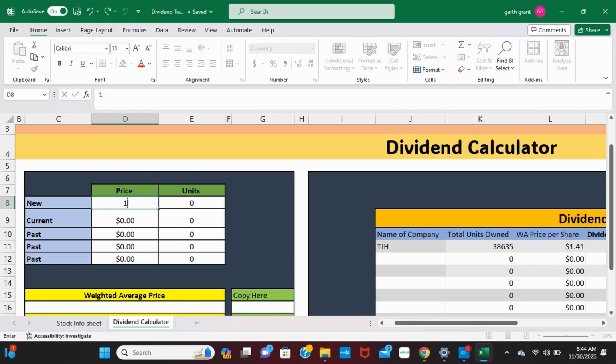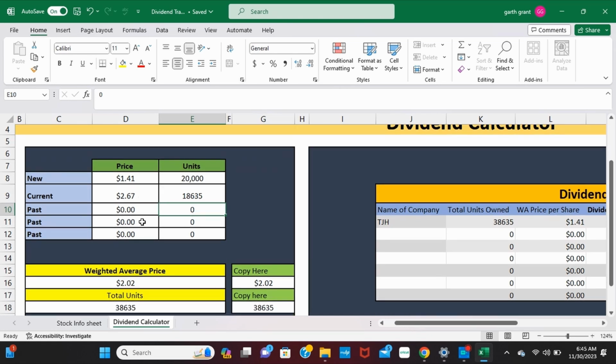So let's say you buy the first 20 shares that you had at $1.40, with the amount of units being 20,000, and then you end up buying some others at the $2.67 price mark, the remaining 18,635. What this does is it gives a weighted average. Weighted average means that based on the price and the amount of units, it is averaged out. You can Google weighted average as well, but the calculation is accurate.